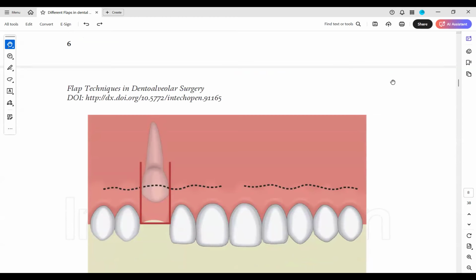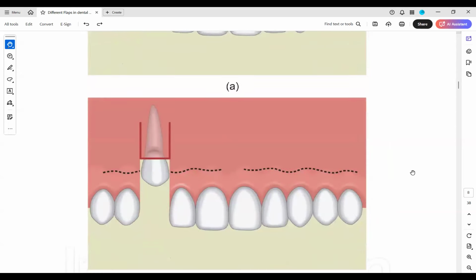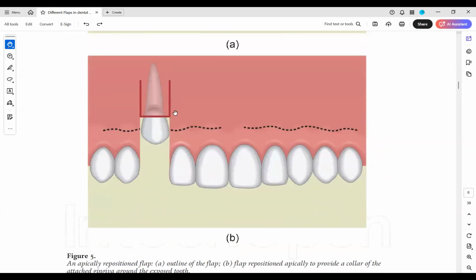Clear for everyone? It has to be far above the mucogingival junction, far more occlusally positioned, but very labially. In that case, you're exposing it and positioning it in the apical situation.